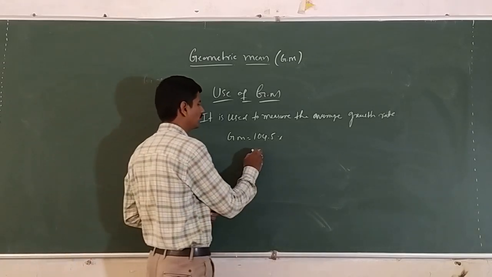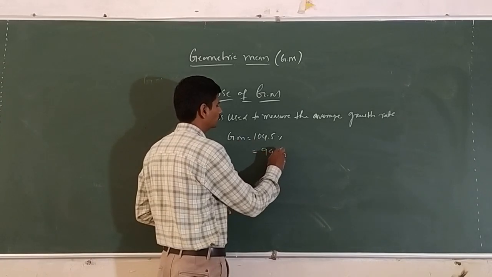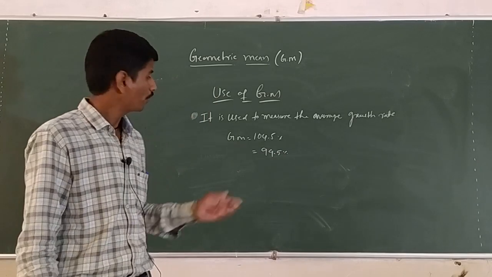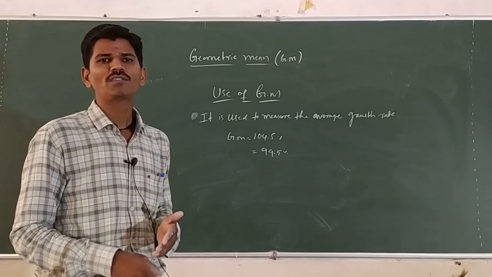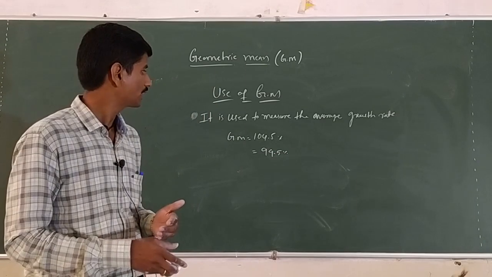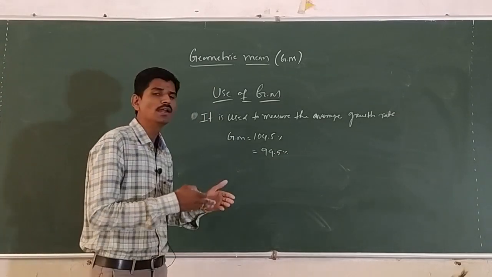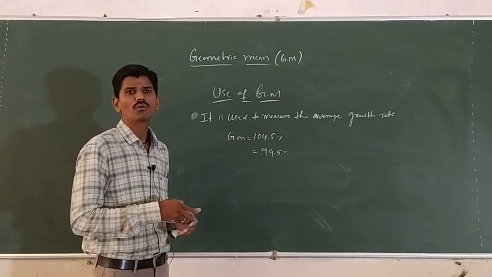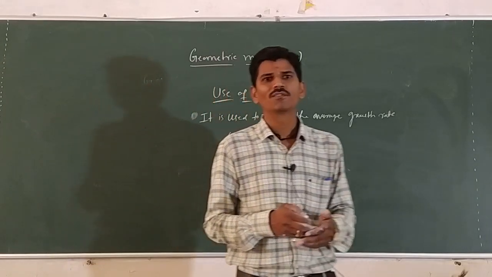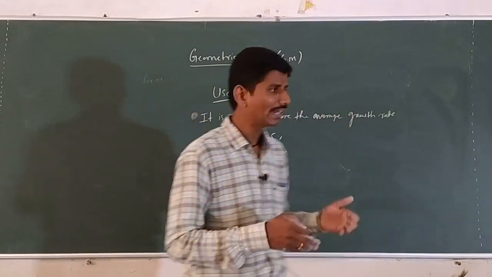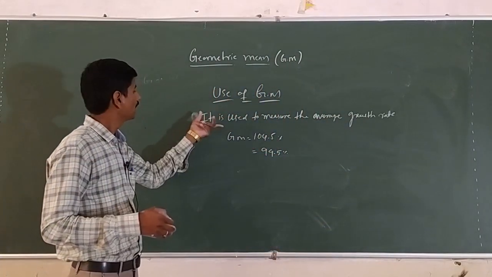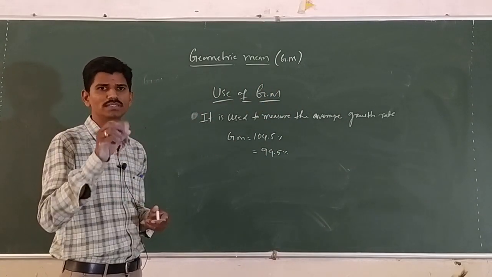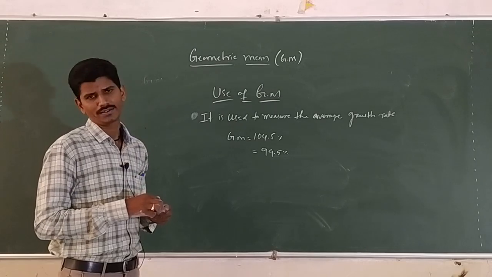Suppose GM is 99.5%, that means the average growth rate decreased by 0.5%. And 104.5 means the average growth rate increased by 4.5%. Okay, that is the use. What is the use of GM? It is used to measure the average growth rate.